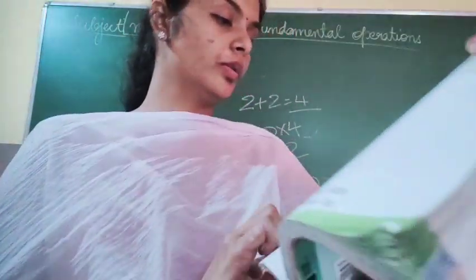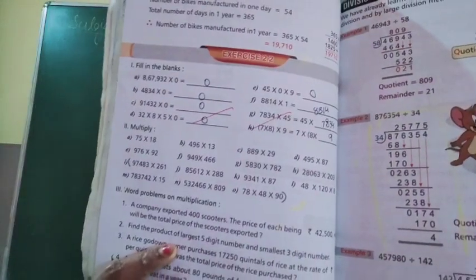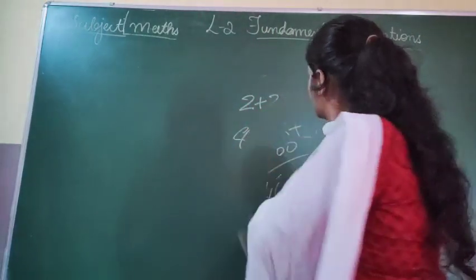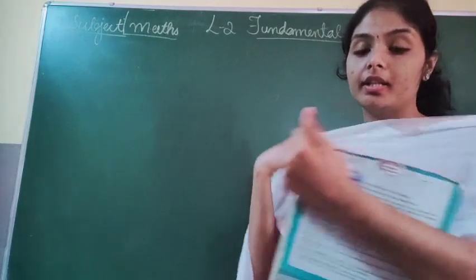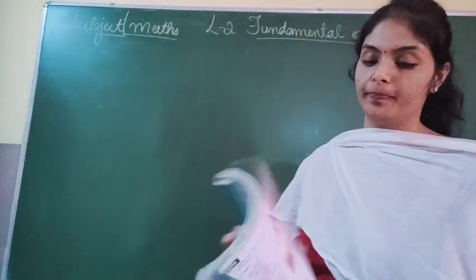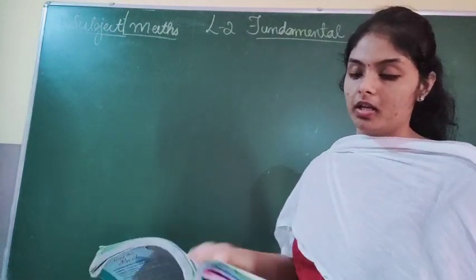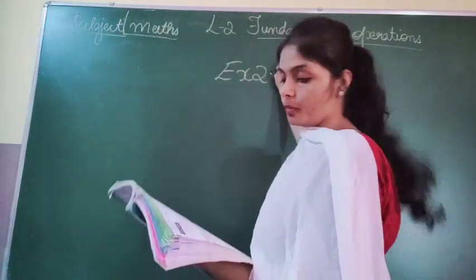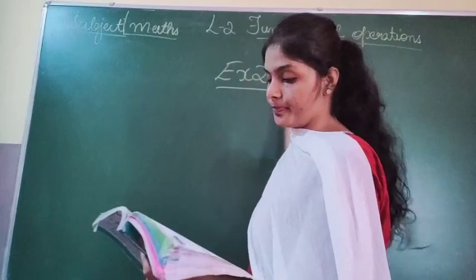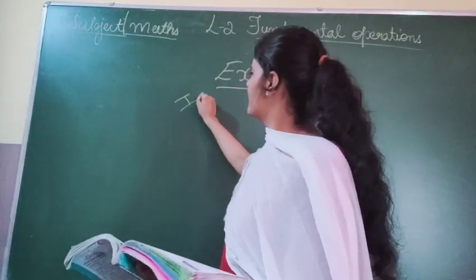Now we are going to do exercise 2.1. Okay, exercise 2.1. Children, you should tell me the first answer. Okay, it is very easy. 2.2, sorry. The first one is fill in the blanks.